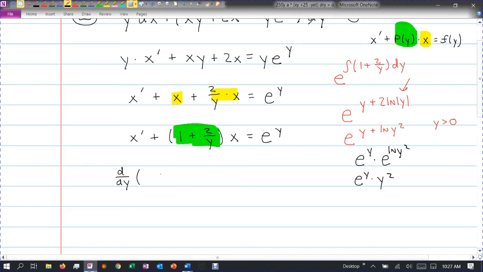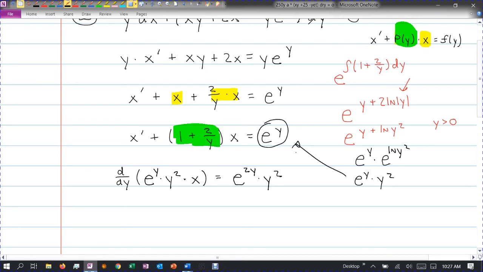And that's a little bit easier to work with. So e to the y times y squared times x, that's the derivative of that product, must equal, now the right side we have to multiply this by e to the y, so we get e to the 2y times y squared. So that's just hitting that with the integrating factor there.